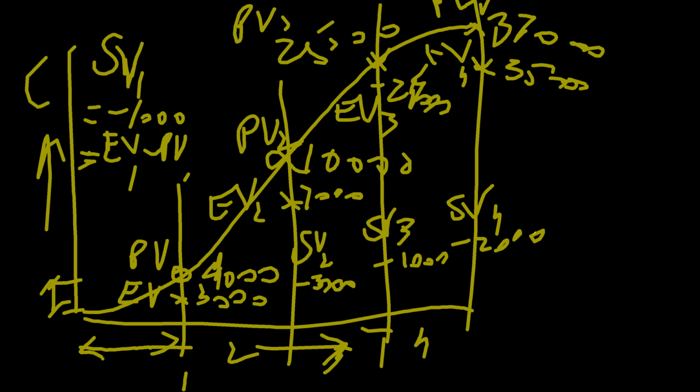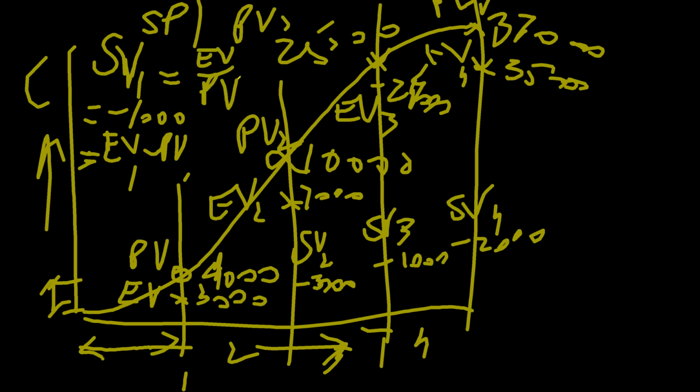To give it more value, more sense, let us use another indicator which is called the schedule performance index. Actually, what we are doing here is just finding the comparison of EV and PV. EV divided by PV.